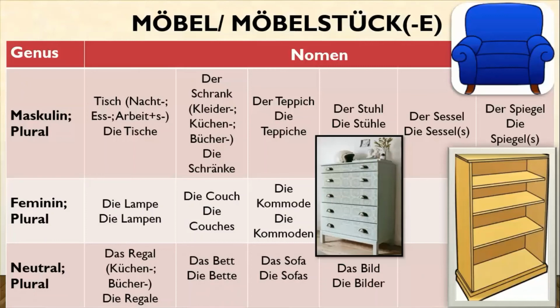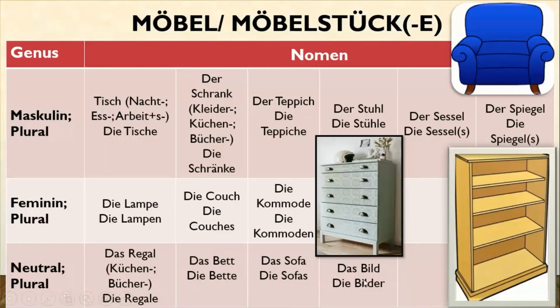Then we have das Bett, die Bette, which is the bed. And we come to another word that has been taken from the English language, but pronounced das Sofa, die Sofas with an S. And note at this point that words in the German language taken from the English language will in the plural forms have either es or s at the end of the word.